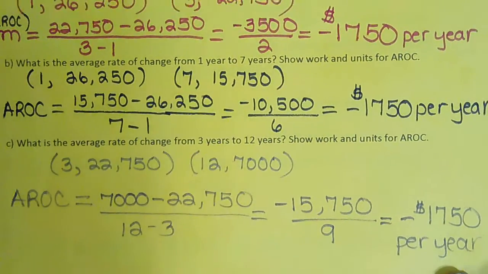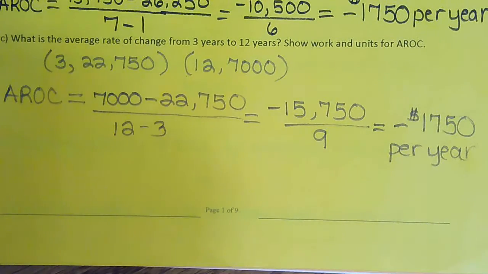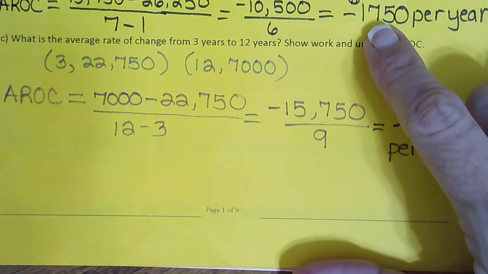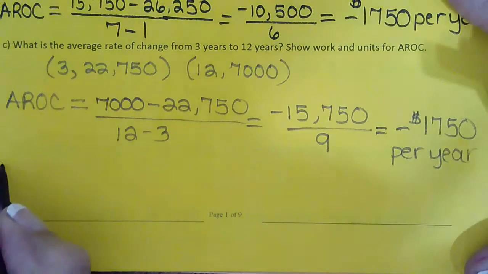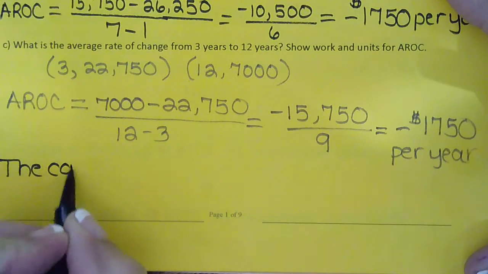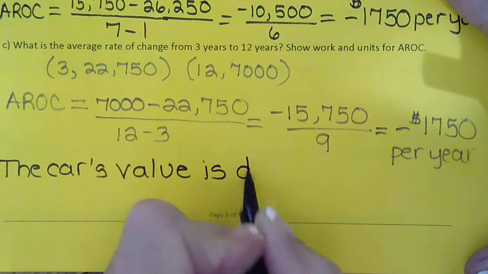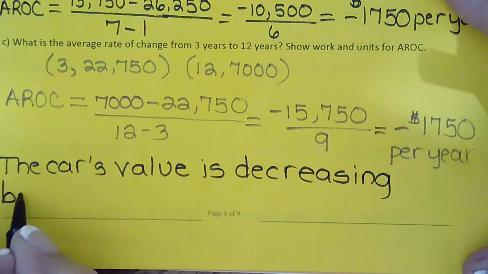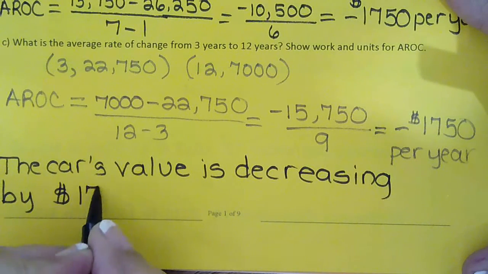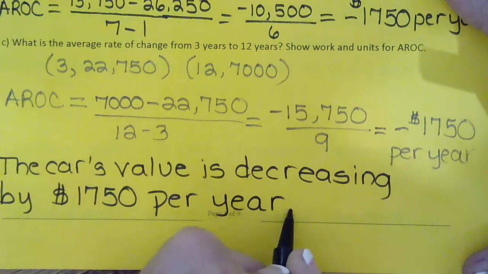Let's just end this page by writing a sentence about these 3, which I just spoke about. So the car's value is decreasing. We don't say the negative, we say decreasing instead, by $1,750 per year. There we go.